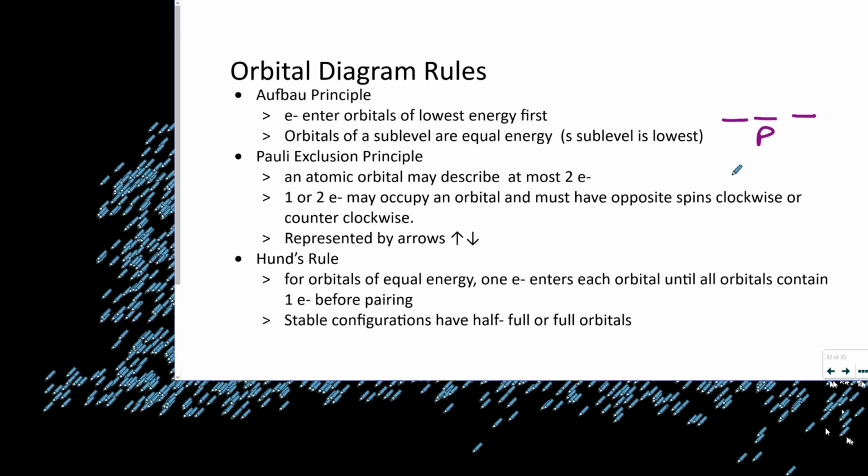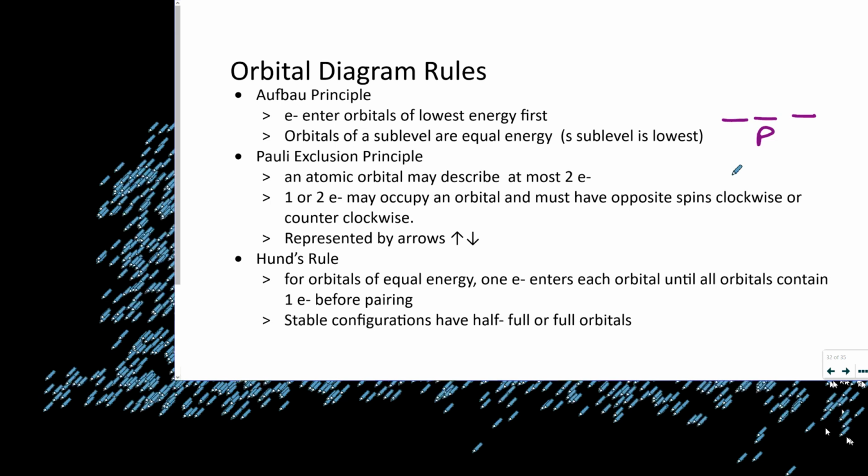And our third rule, this we haven't talked about in any way, shape, or form, is Hund's rule. So this says for orbitals of equal energy, like my p orbitals that I have up top, we said those are all equal energy, 1 electron is going to enter each orbital until all orbitals contain an electron before pairing.